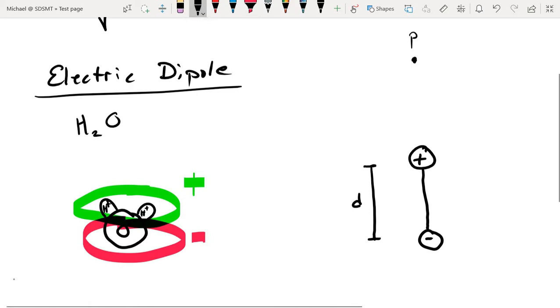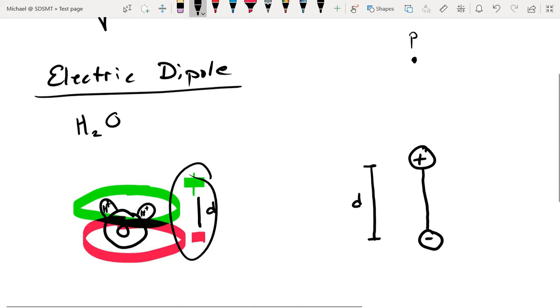And because of the physical structure of that water molecule, there is a fixed distance between the two ends of this polar charged molecule that can be measured. And so a water molecule constitutes a dipole.